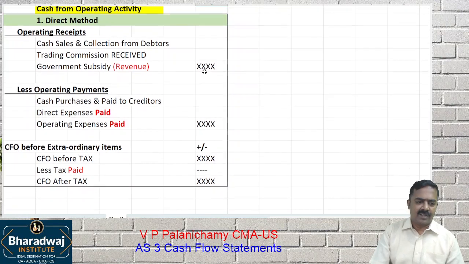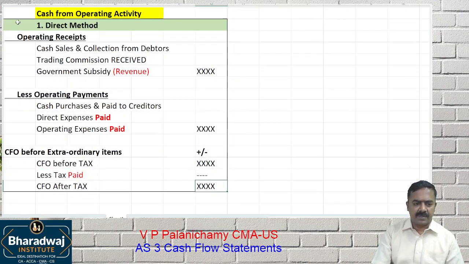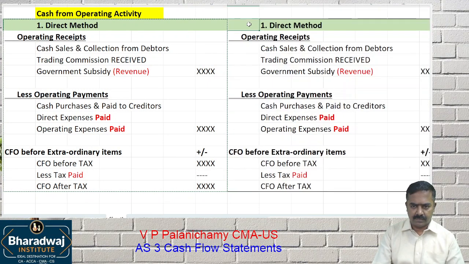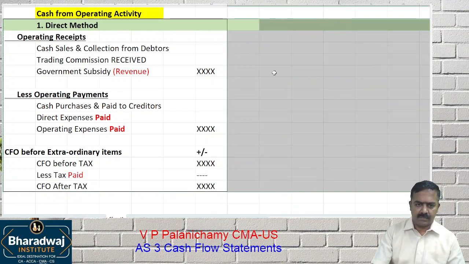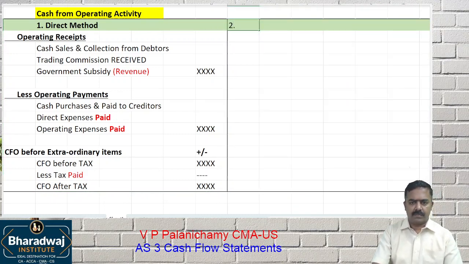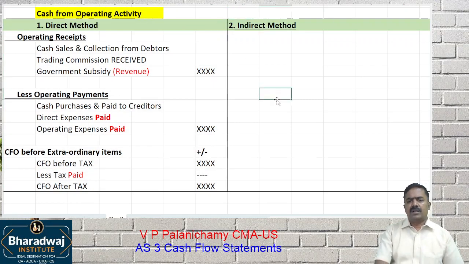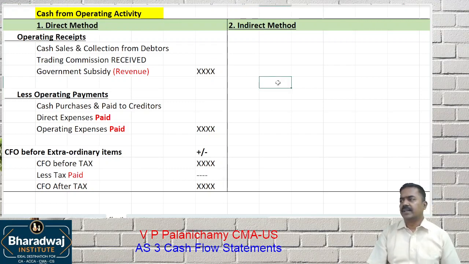The indirect method we will learn separately. Based on the direct method, we'll work out some questions for cash from operating activity. After doing one or two problems under the direct method, we'll come to the indirect method.